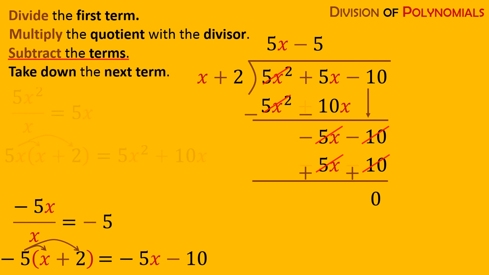If you look at what we have done, we just tried to cancel the first term in each step. In this step we took something here so that when multiplied with the divisor, we get a polynomial which can cancel out the first term. And again we repeat this strategy in this step. We write -5 here so that we can cancel out this.